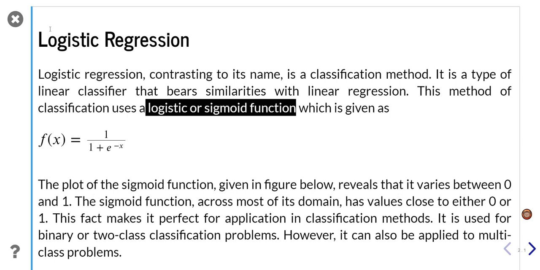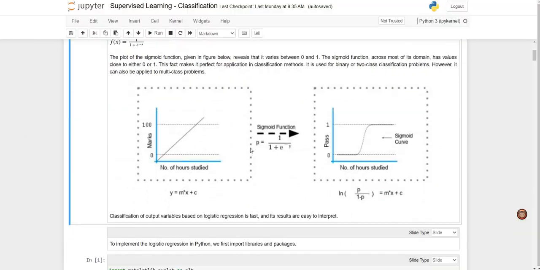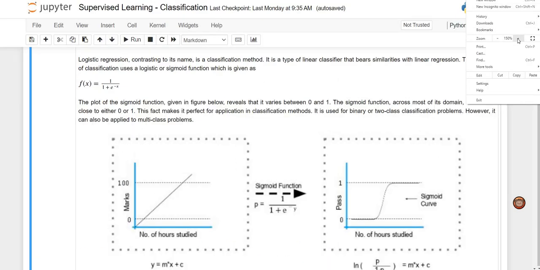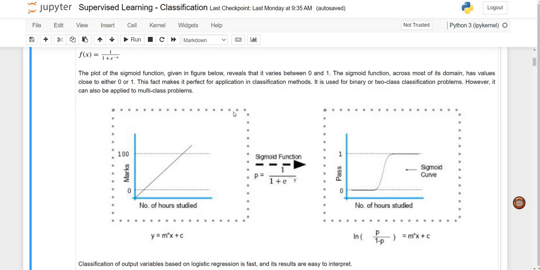When you look at the sigmoid function, this formula and these graphs are very important. Let me just try to enlarge this a little bit. So here is an example. Here you have a linear function.